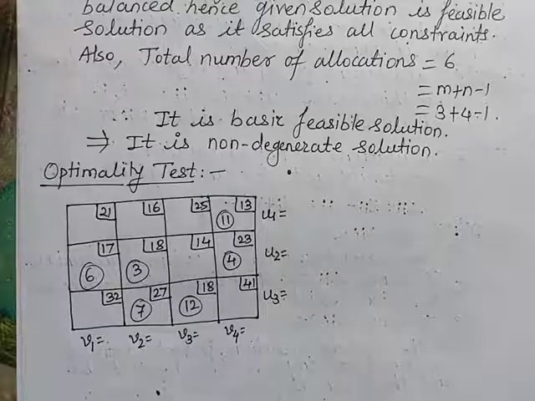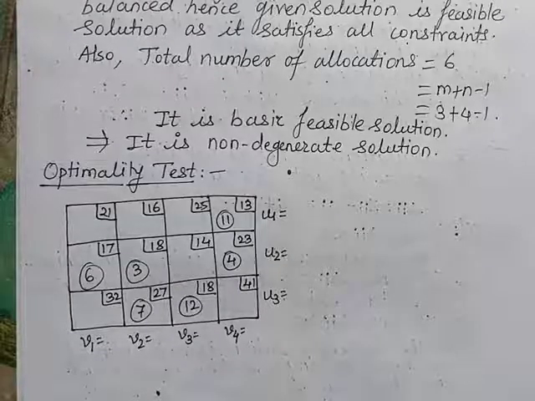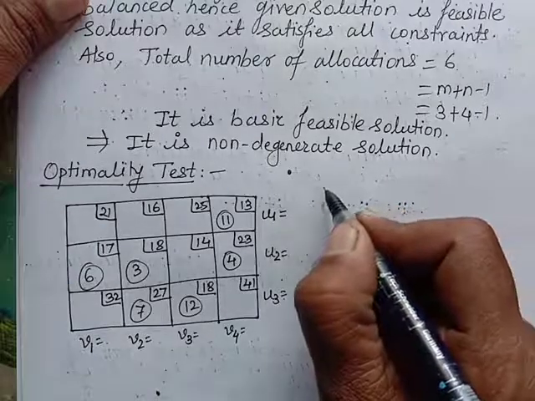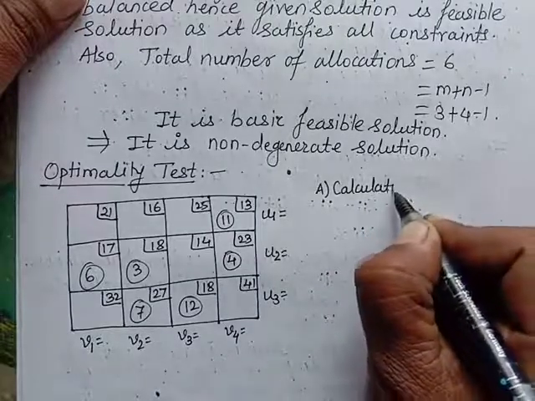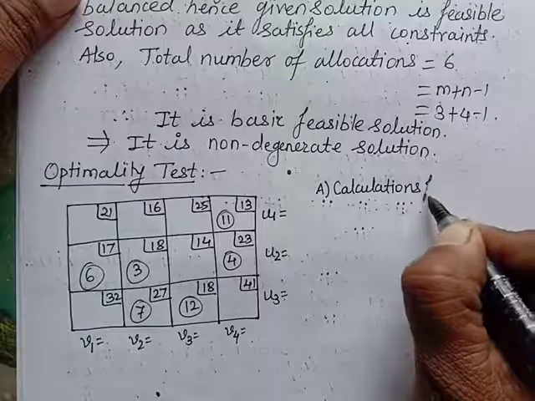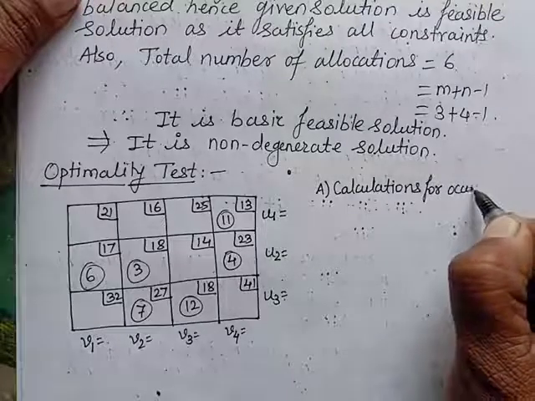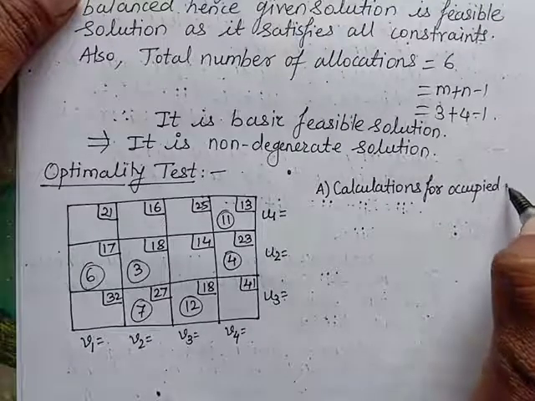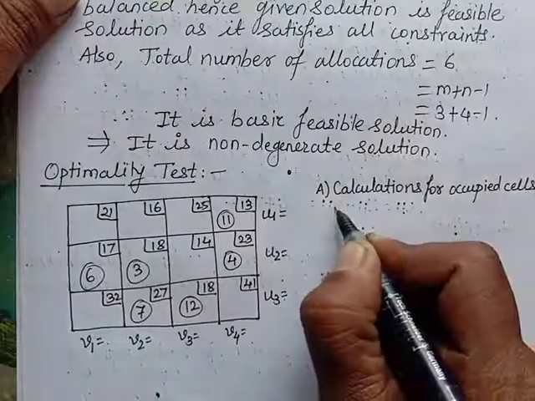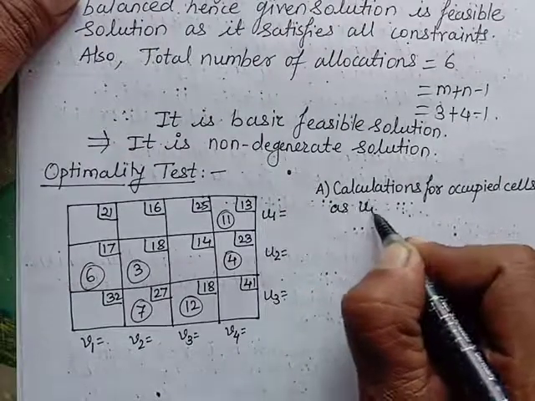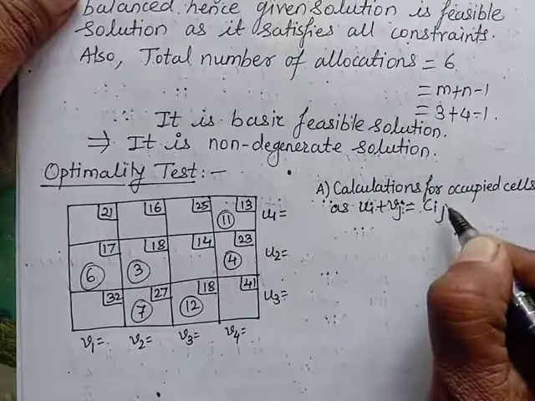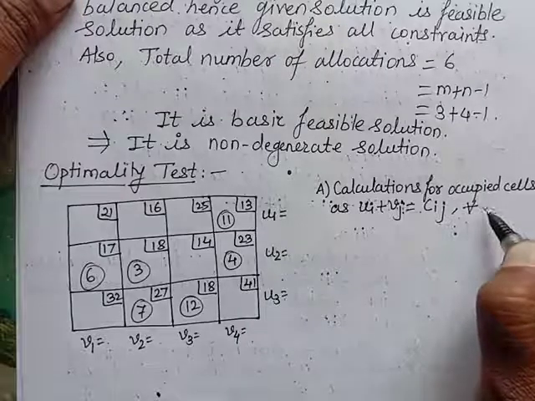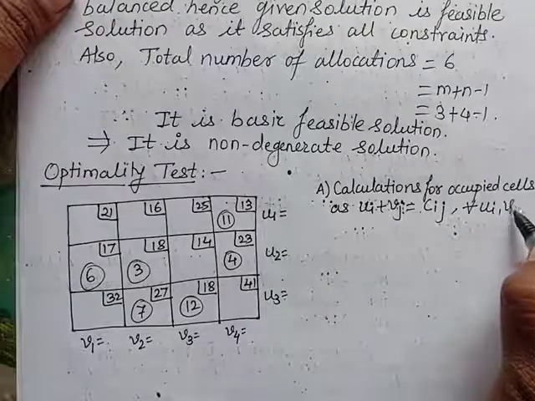So now we will first do the calculations of ui and vj for occupied cells as ui plus vj equal to Cij for all ui and vj.